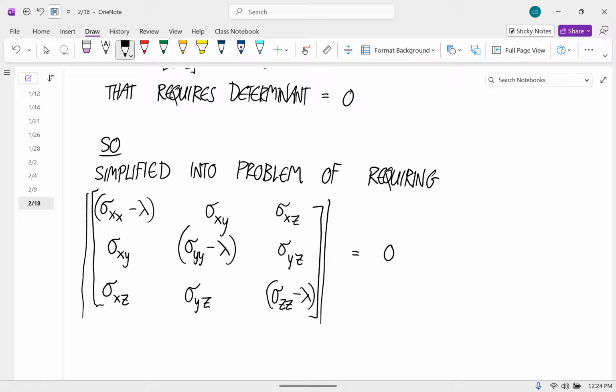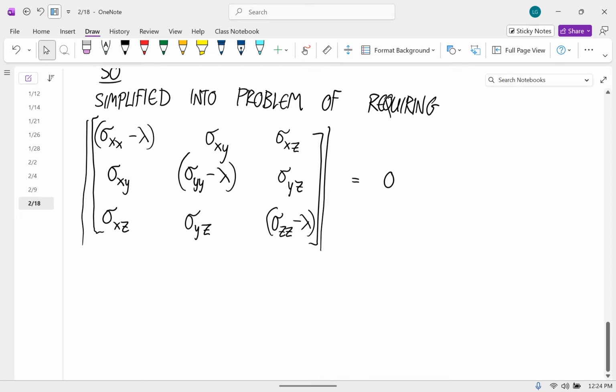Okay, so that's our task now. We know that we've solved this problem if we can come up with a way that this determinant is equal to 0. So how would you calculate that determinant? I'll write this out. You don't really need this in your notes, I suppose. How many of you have done determinants in classes before?